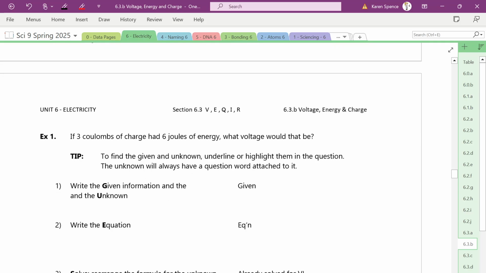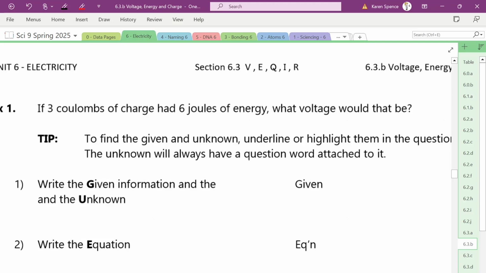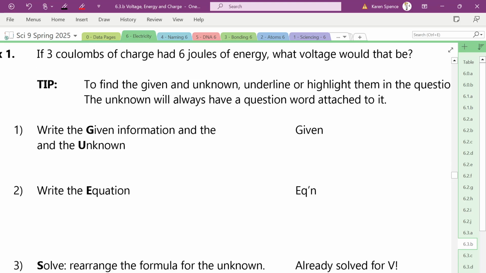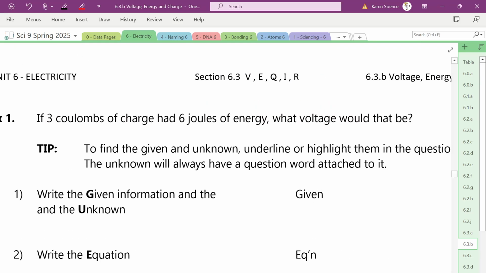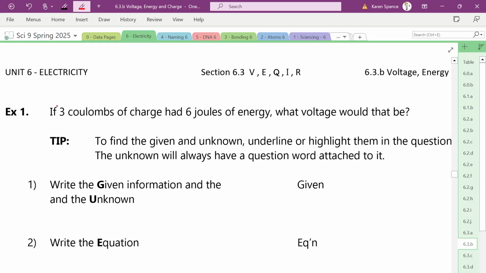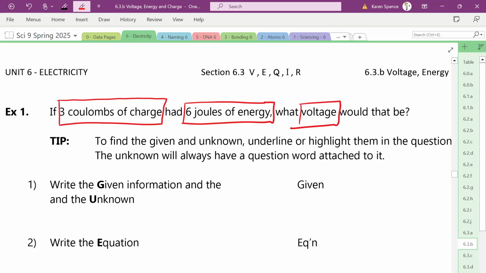Okay, so here we have, on our next page, which will now be page 77, example number 1: if 3 coulombs of charge, so that is a given quantity there, had 6 joules of energy, what would the voltage be?